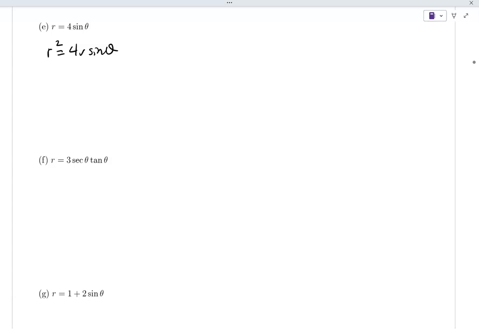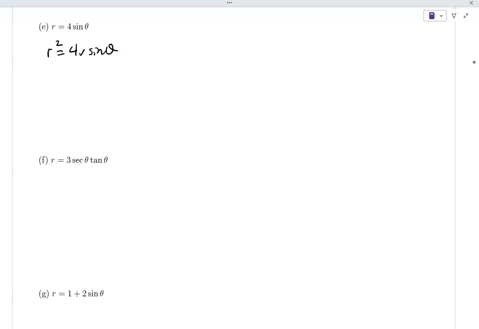Notice that multiplying both sides by r here works better than trying to square. Because if we try to square both sides, we would get a sine squared, which causes us issues for being able to convert. Causes a little bit of problems.